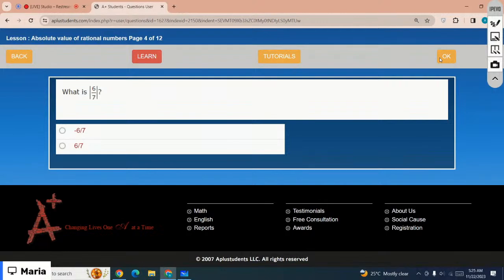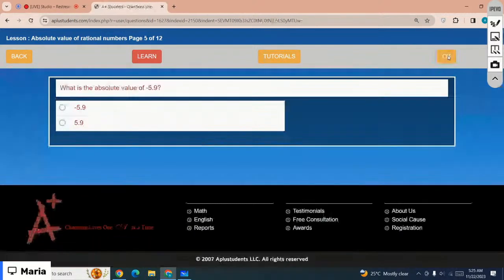The correct option is 6 over 7. Option number 2 is the correct option. What is the absolute value of negative 5.9?